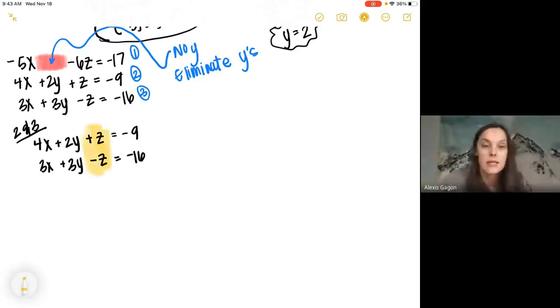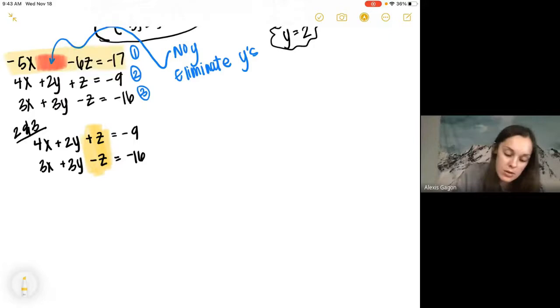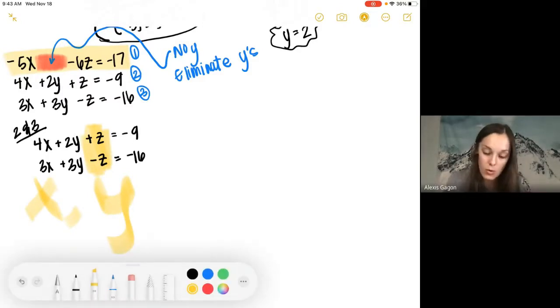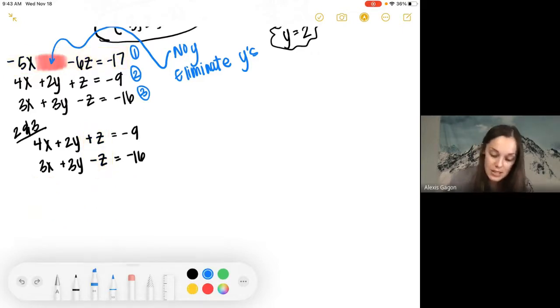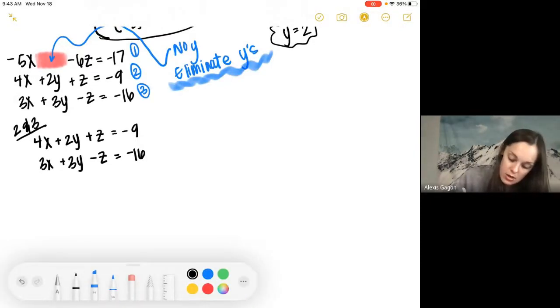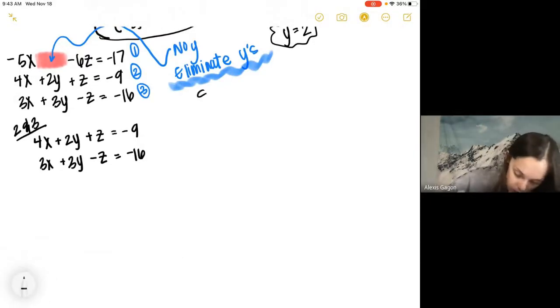Those look super easy. I could just add those and the z's are going to be gone, right? But if we eliminate z's, then we're stuck with an equation up here that has an x and z, and you'd be stuck with an equation down here that has an x and a y. Which is not something that we want. So like I said before, once you choose a variable, you have to stick with that variable. So since we chose to eliminate y's, we have to stick with y's.